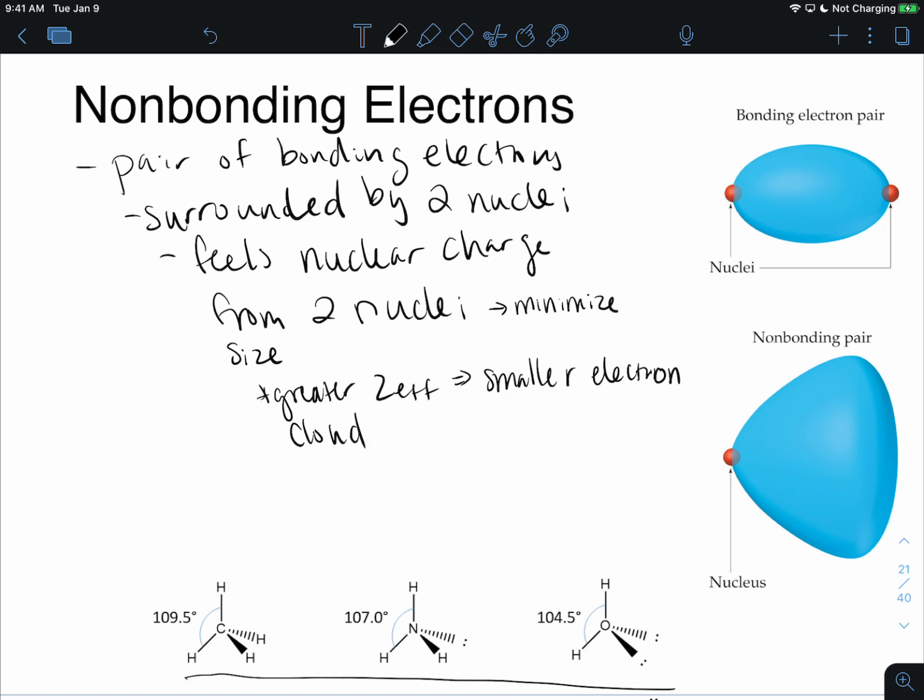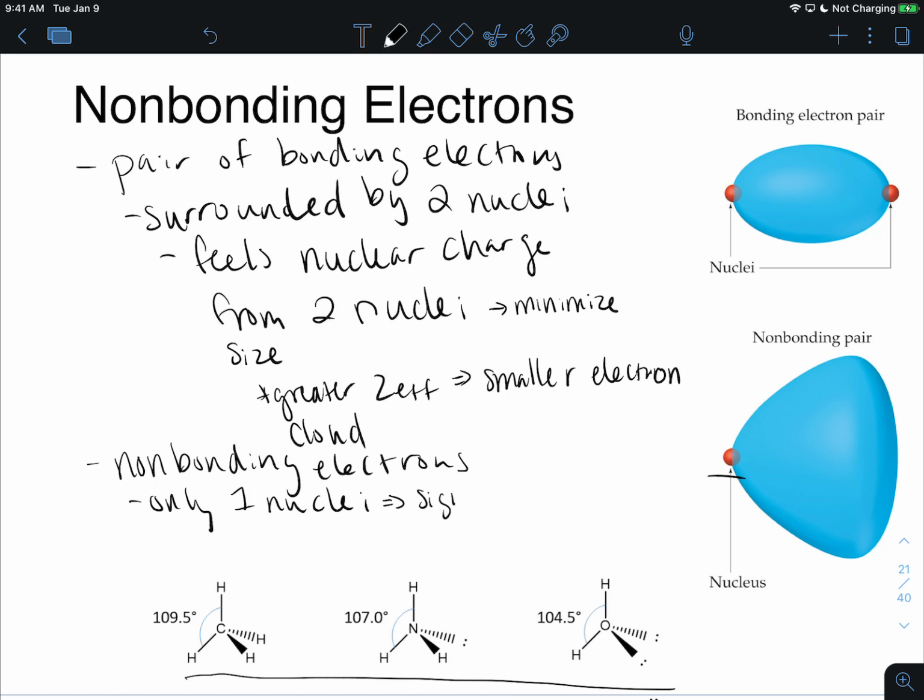Now, if we're talking about just one nucleus being attached to that electron pair, so non-bonding electrons, we only have one nuclei, which leads to significantly reduced effective nuclear charge.